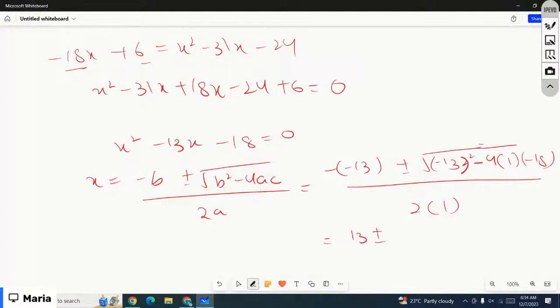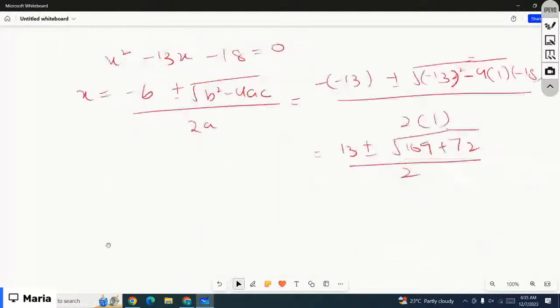So that is 13 plus minus square root of 13 square is 169 plus 18 times 4 is 72, divided by 2 times 1, that is 2, right? So 169 plus 72 equals 241. Hold on, 13 times 13 is 169 and 18 times 4 is 72.